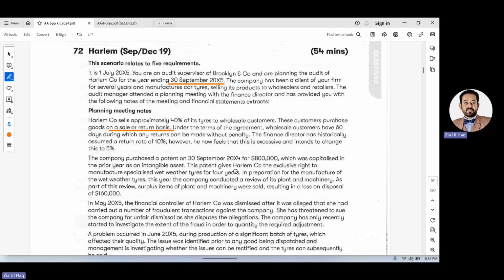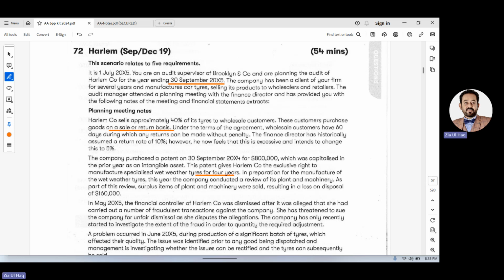This patent gives Harlem Company the exclusive right to manufacture specialized wet weather tires for 4 years, and this patent is for 4 years. This means this patent asset should be amortized over a 4-year period. And if the company is not amortizing the asset, chances are that expenses could be understated.